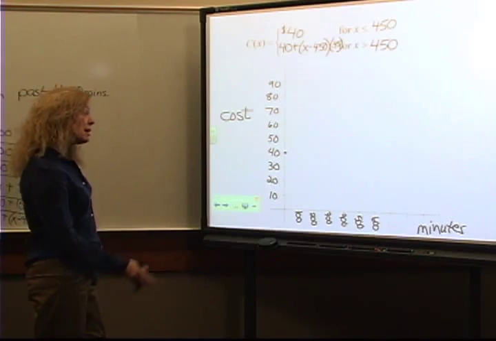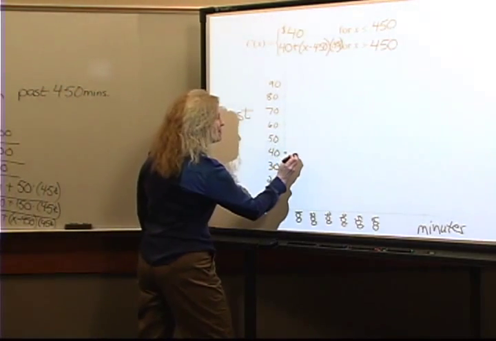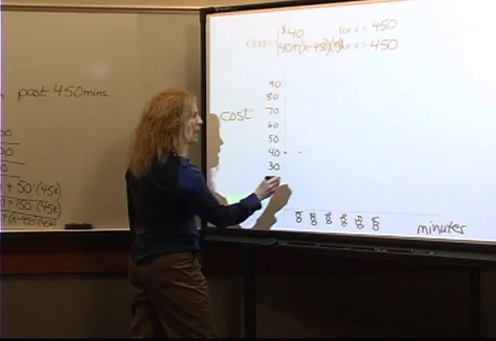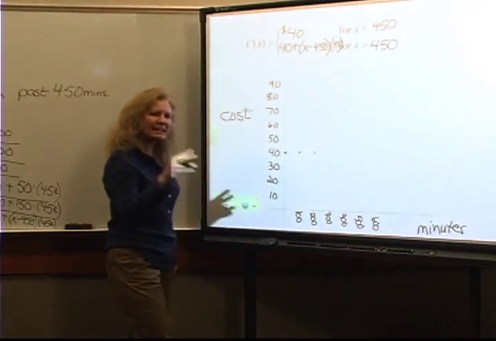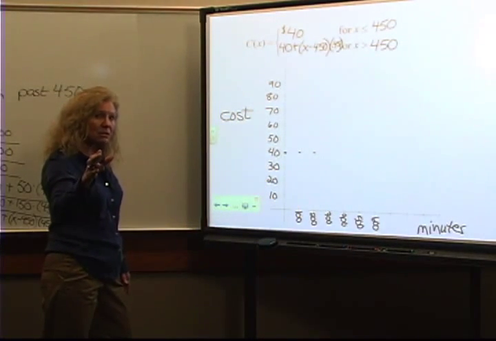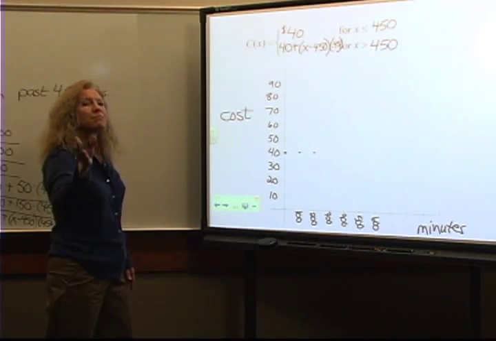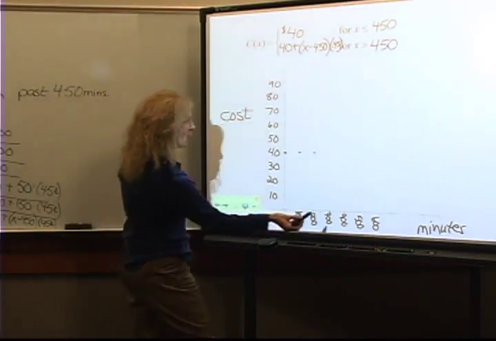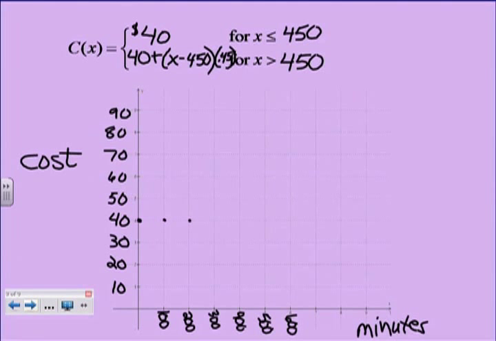And what if I use 100 minutes? It's $40. And it's $40. It stays at $40 until when? 450 minutes. Okay, so right about here. And by the way, right at 450, it still is costing us $40.